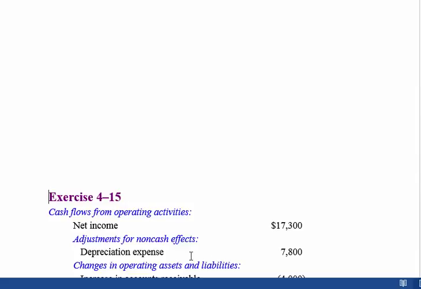Okay, so let's go back to our chart. Let's just go down the list here. We've taken care of net income, we've taken care of depreciation expense, an increase in accounts receivable. Well, accounts receivable is a current asset. If it decreased, that means cash came in, right? But if it increased, then we made more sales on account, less sales for cash. So an increase in accounts receivable is an increase in a current asset excluding cash.